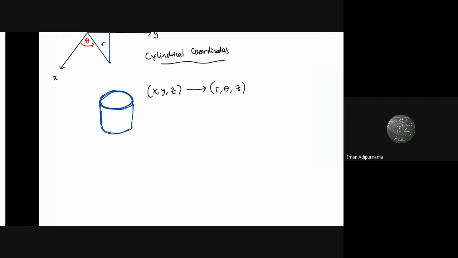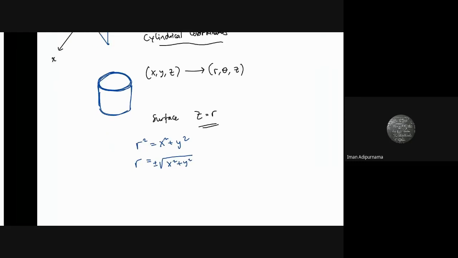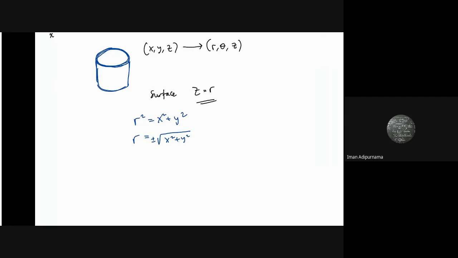If, for example, you have the surface z equal r, because we know that r squared is x squared plus y squared, and r will be the square root of this, plus or minus, then z squared will be x squared plus y squared.